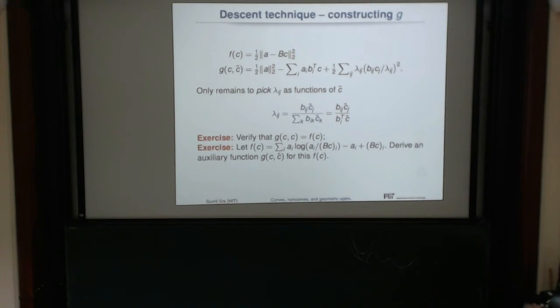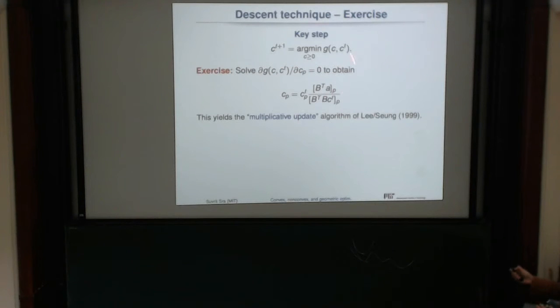And with that, this is an exercise. If you use that and you solve the corresponding equation by ignoring the constraint, it turns out that it has a non-negative solution by construction, so you can ignore the constraint.